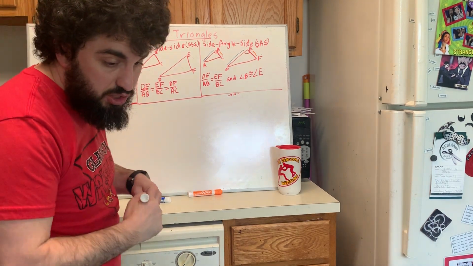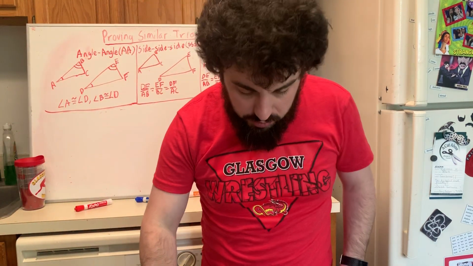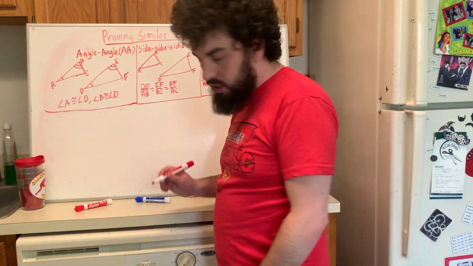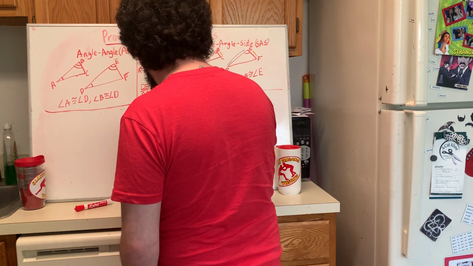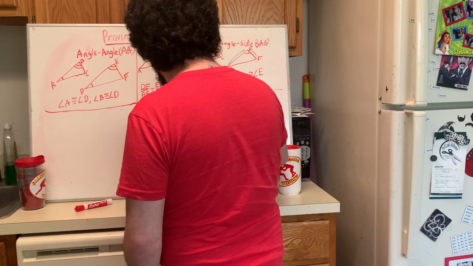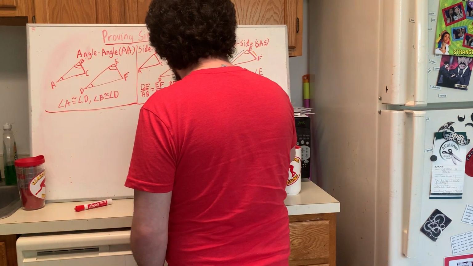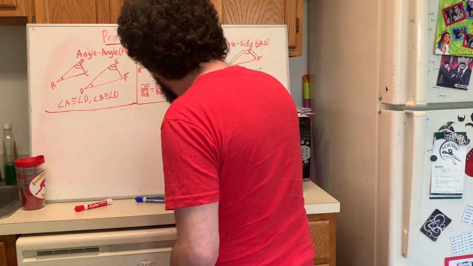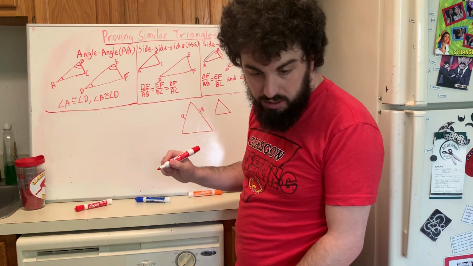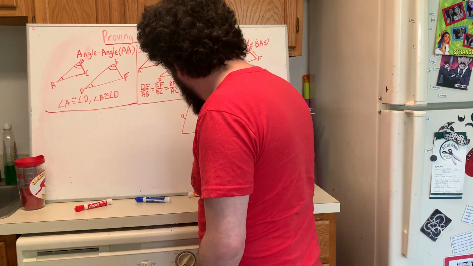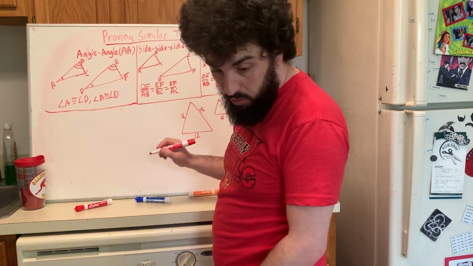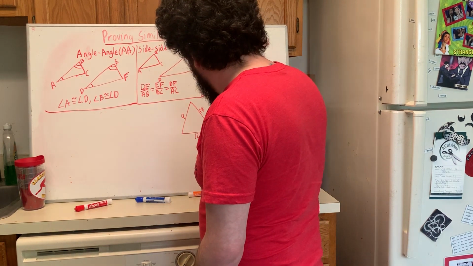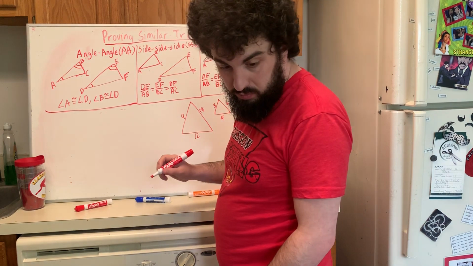So the first picture we have is this and this. So this is 9, 18, and 12. This is 4, 3, and 6.